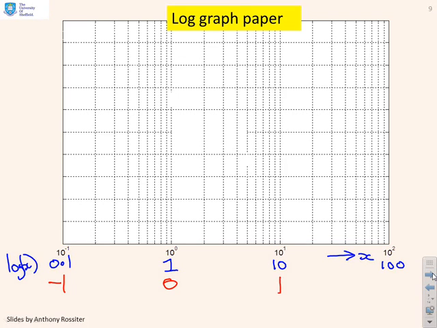The log of 10 squared is 2. And you can see, in fact, the actual number has come from this power here. So when they put the log scale on, they sort of help you out a bit. Okay, so you can view this as two different ways. Either you put x on a log scale, or you can view it as log x.